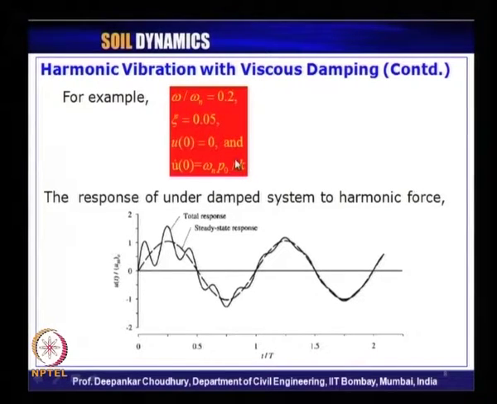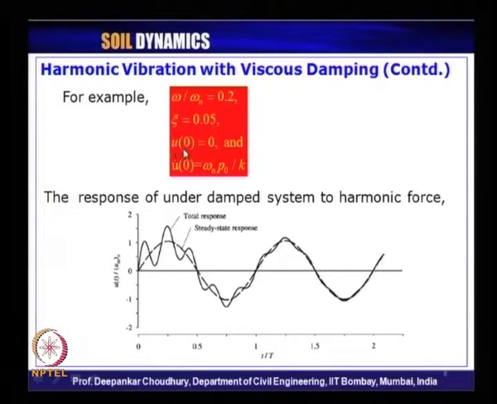For these values, typical results are plotted here in non-dimensionalized form, that is u of t to the static u of t at initial time, with respect to the x axis, which is time to the natural time period.